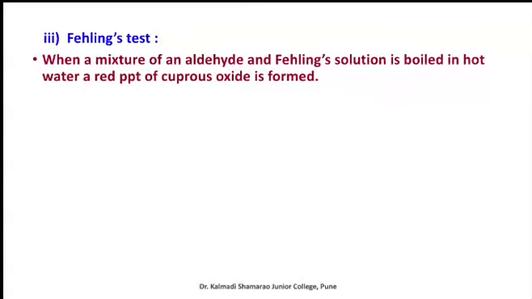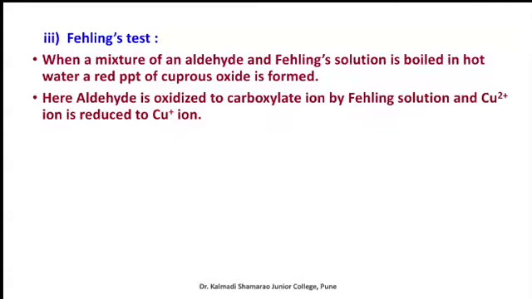Now let's see how aldehydes are detected by Fehling's test. When an aldehyde is heated with Fehling solution, the Fehling solution is reduced to give a red ppt of cuprous oxide. Here, aldehyde is oxidized to carboxylate ion and Cu2+ ion is reduced to Cu+ ion.